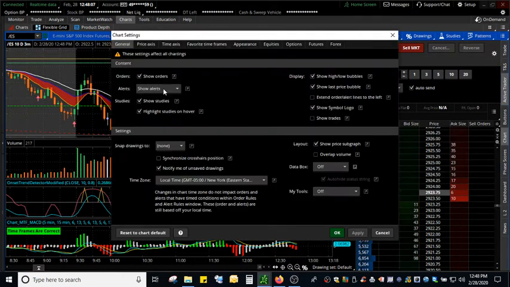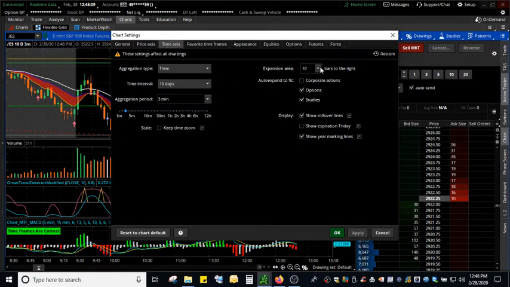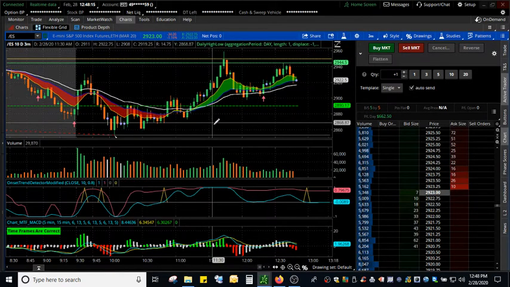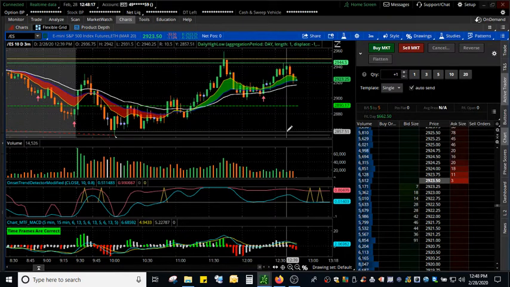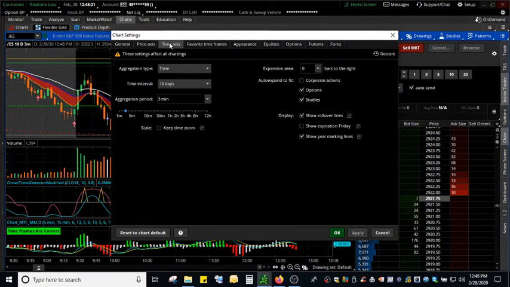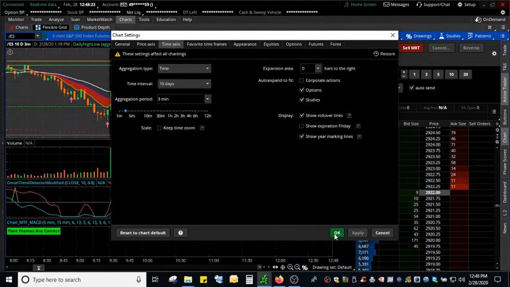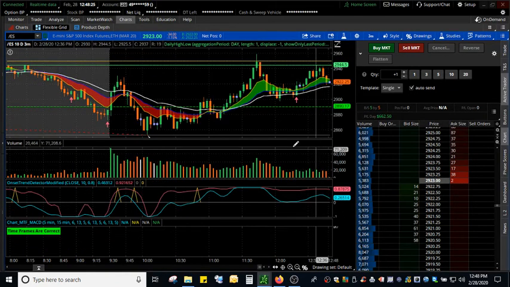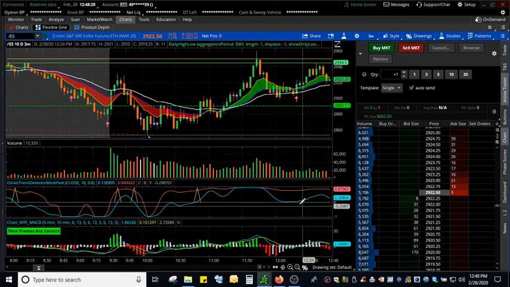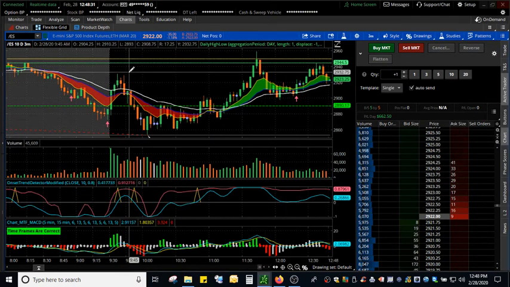On your time axis, you can put blank bars to the right. I like doing it just because it's easier to see. Okay, there it goes. But sometimes you get funky signals here if you do that, so I'm trying to get away from using those.